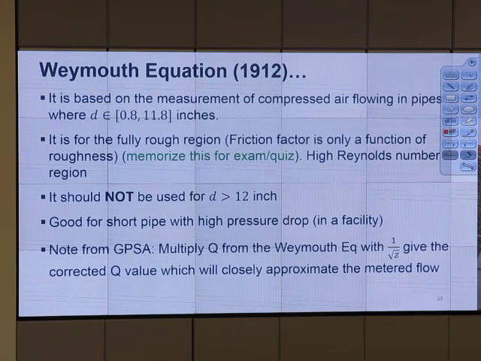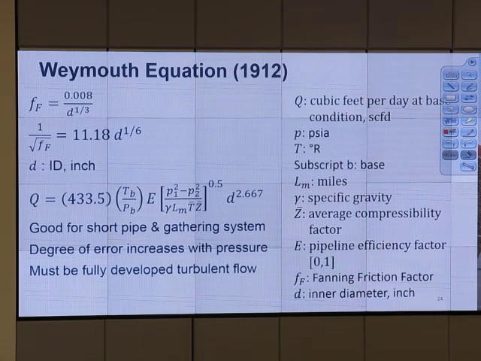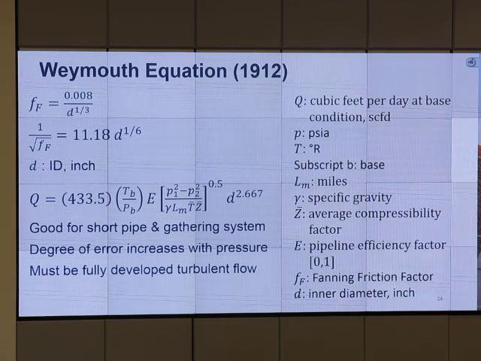Okay, let's go to the next page first. Q over here. Q is cubic foot per day at base pressure, base temperature, or standard condition.